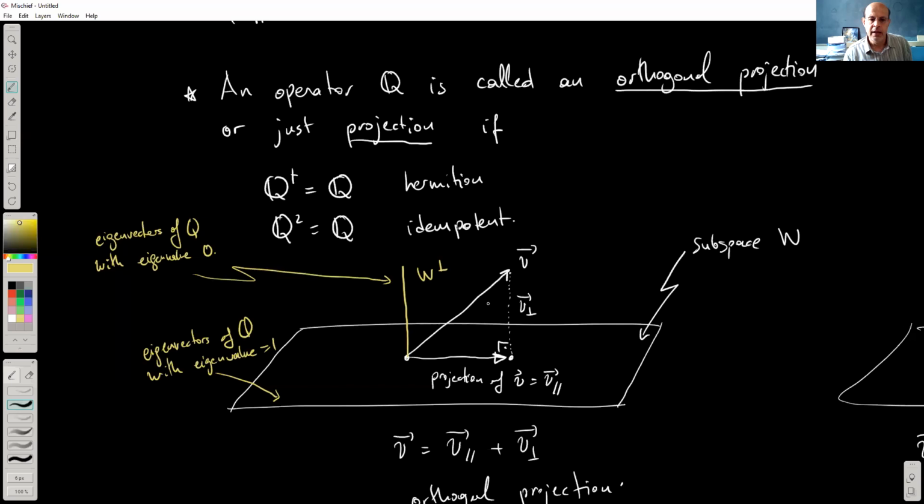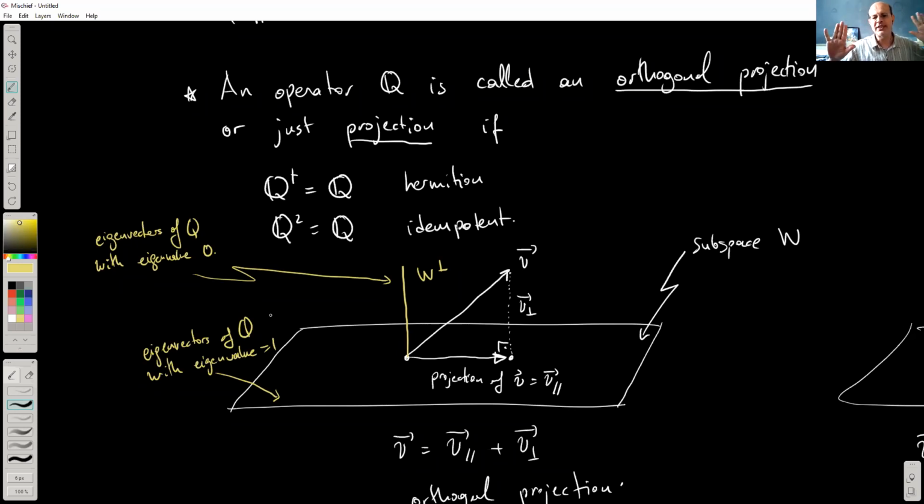Okay. So as a result, there's a one-to-one correspondence between subspaces and orthogonal projection operators. Because for each subspace, I can define an operator like that, and for each operator, I can define a subspace like this, basically by using these mathematical properties.